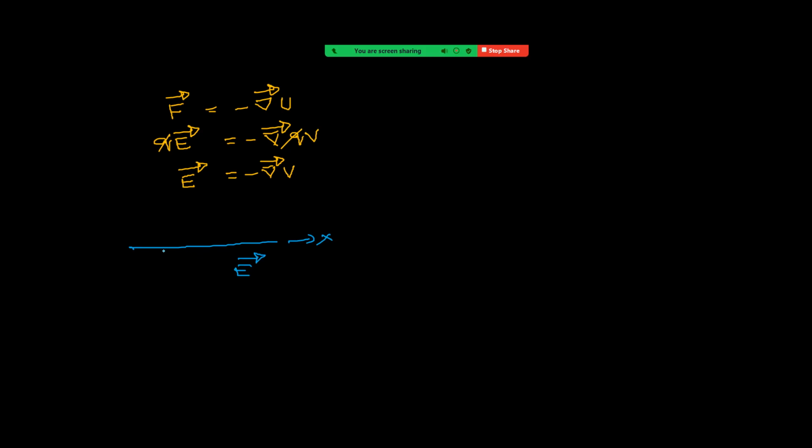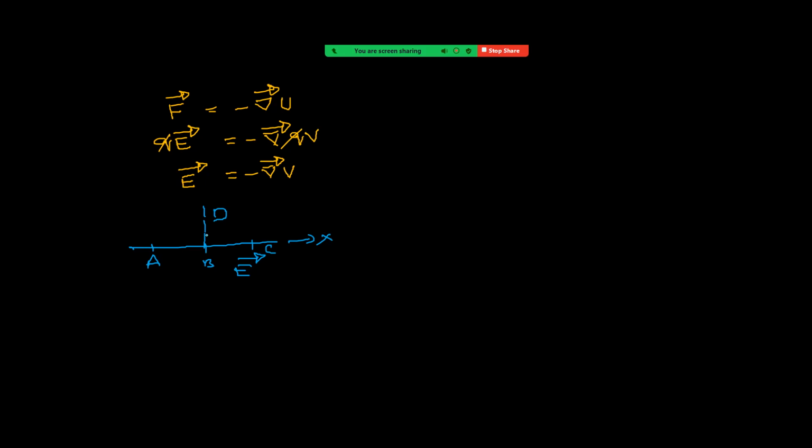Then let us consider points here A, B, and C, and take one point here on y-axis, that is D. According to this, see what we can say. Along the field direction, potential decreases. That means potential at A is greater than potential at B, and at B potential is greater than that at C, because along the field potential decreases.